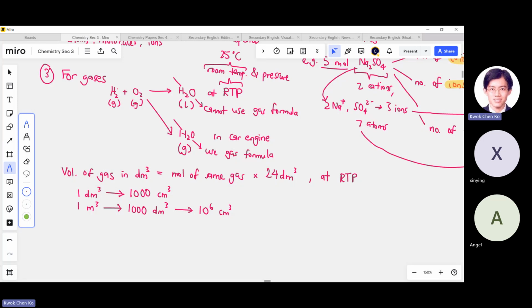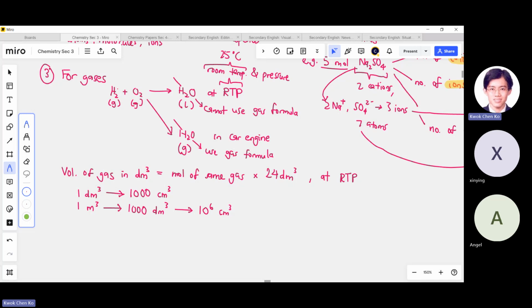Yeah, that's all. It's not like physics where you have all the other funny units. You only have dm cube, cm cube, and meter cube. That is all.